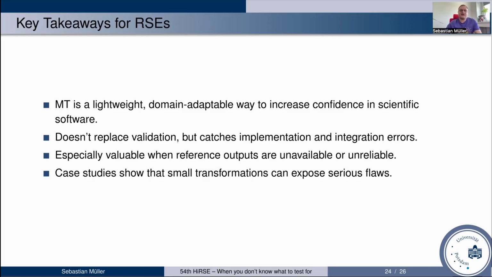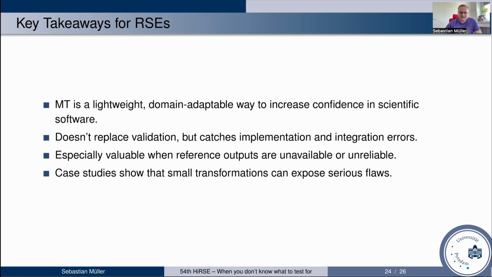A metamorphic relation that no longer holds is an indication that maybe something is going wrong, or that your understanding of the program is not what you have implemented.